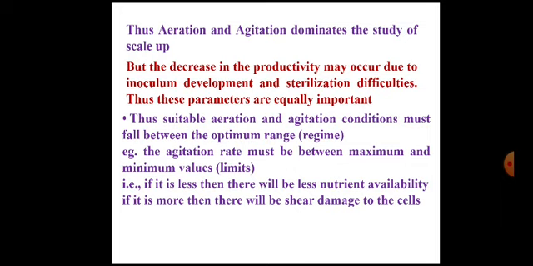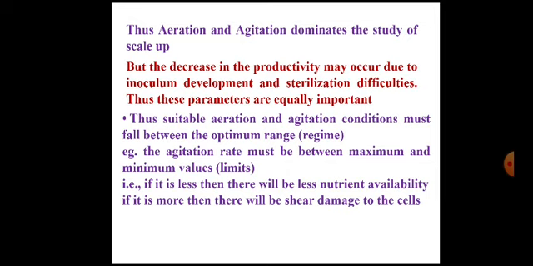For example, the agitation rate must be between maximum and minimum values. That is, if it is too less, then there will be very less nutrient availability and it will affect the productivity. If it is too high, then there will be shear damage to the cells.